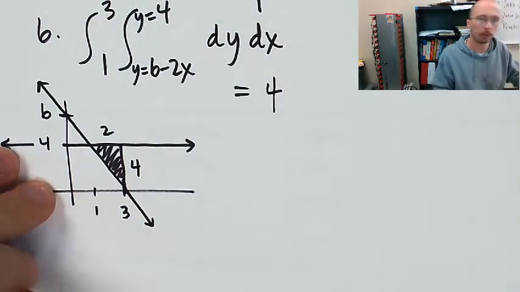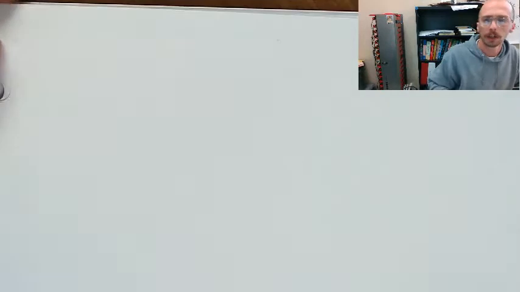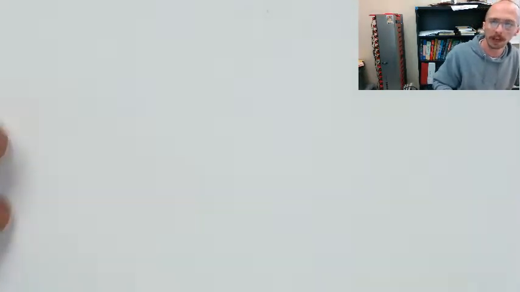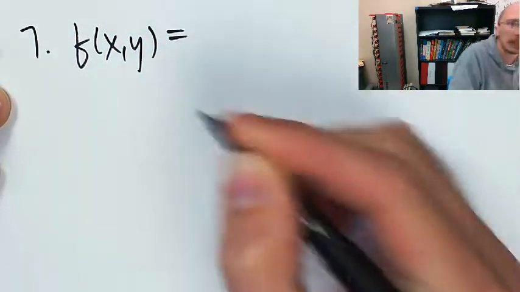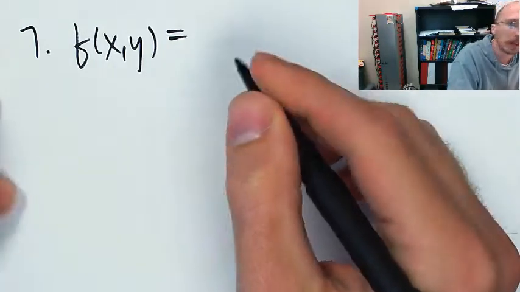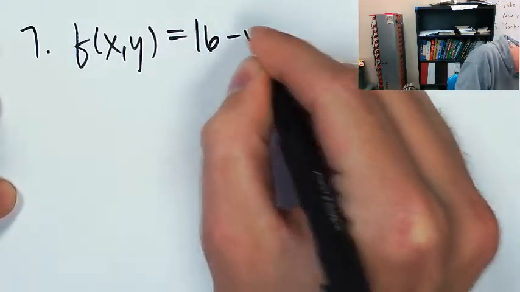Okay. Got one more problem, one more example for you. Oh yeah, this is slightly different, but not really. Okay, find the amount of volume under the graph of f and above region R. So I'm just going to copy this. F of x and y equals 16 minus x squared minus y squared.